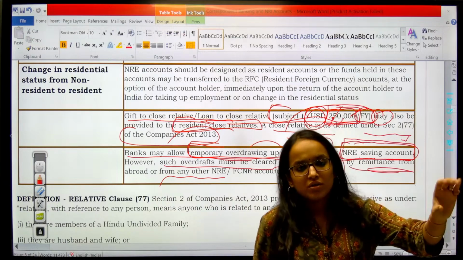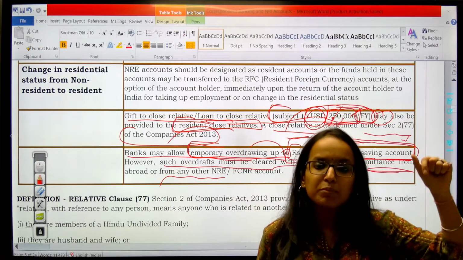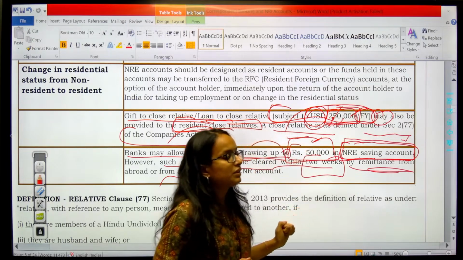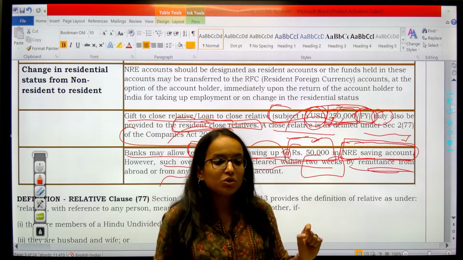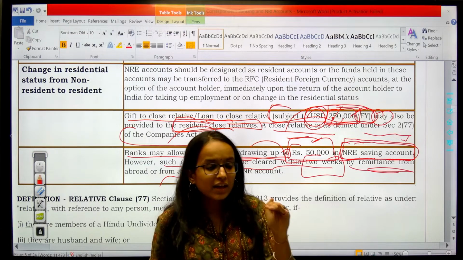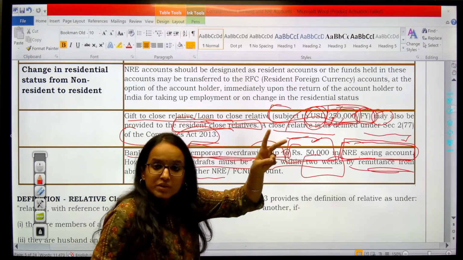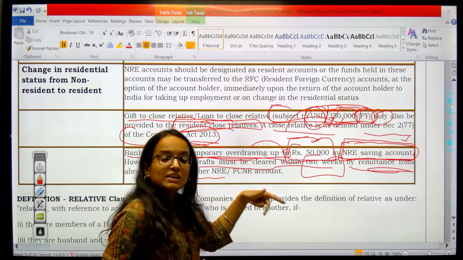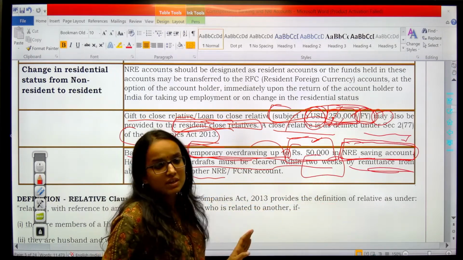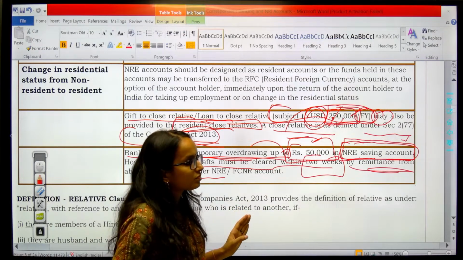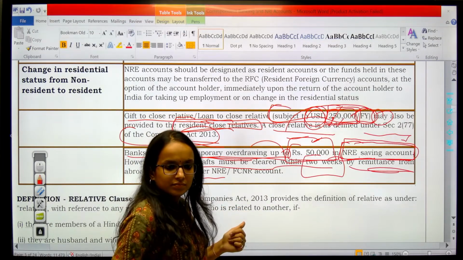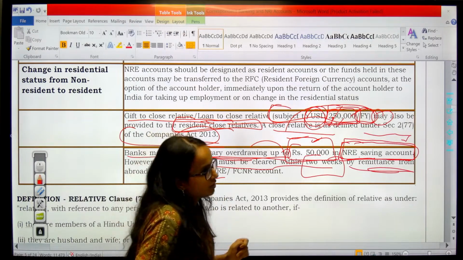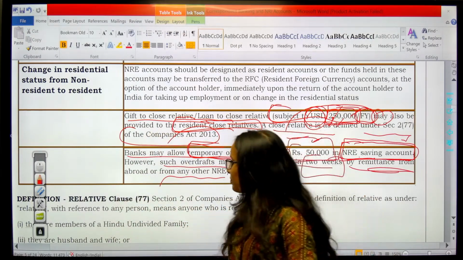You can overdraw from your NRE account up to 50,000 rupees as specified here, but that overdraw has to be settled within 2 weeks, either by remittances which you receive in your account or by transfer from any other NRE or FCNR account. Is this clear? Right? So this is another important provision. Remember all these particulars.